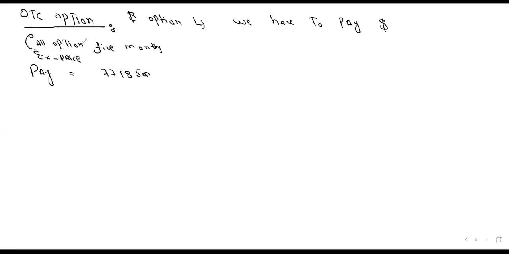Tell me. 1.1225, and the currency denomination is dollar per euro. Now, as we have to pay this, divide by 1.1225 dollar per euro. Dollar cancelling. How much will be your payment? 6868. How much?